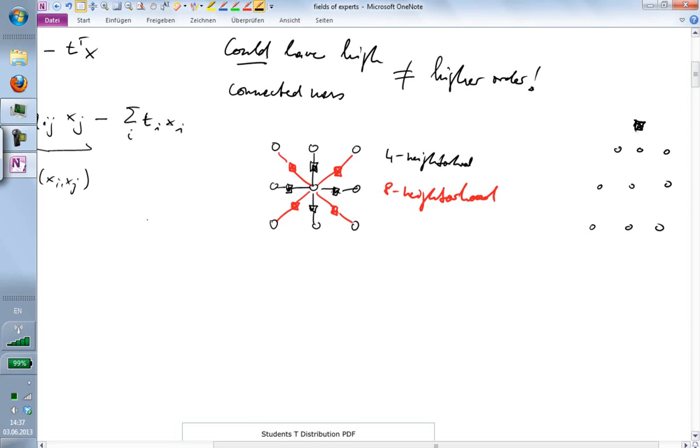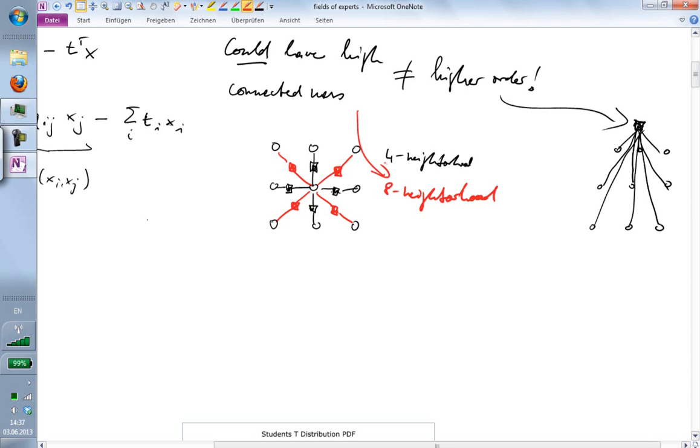Let's say this single factor here belongs to the central pixel. But it also depends on the values of all other hidden states around. So this would be a higher order factor, whereas the red thing here, that would be highly connected.